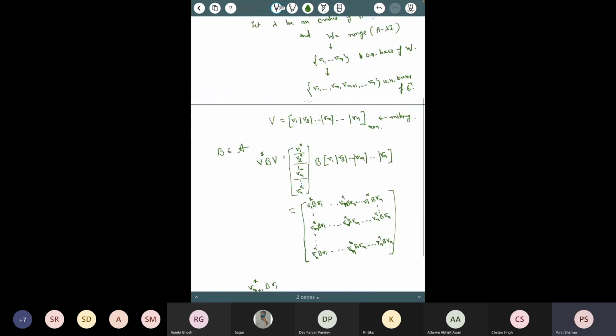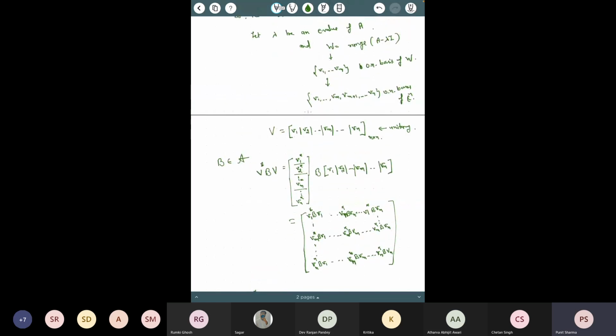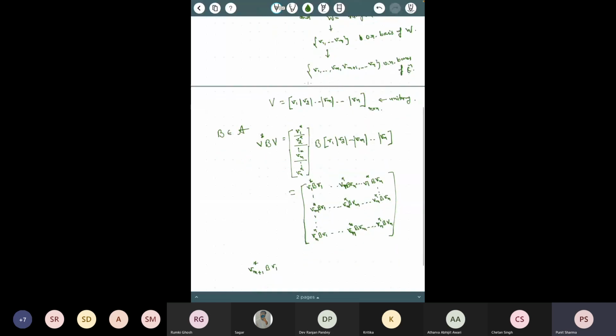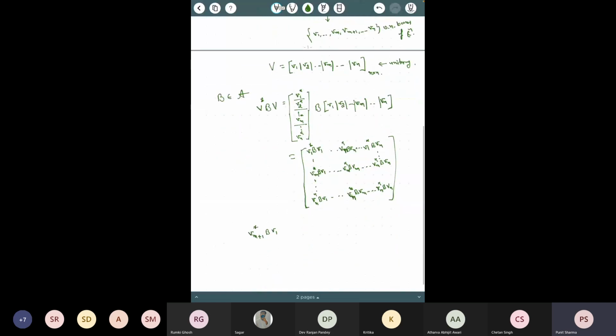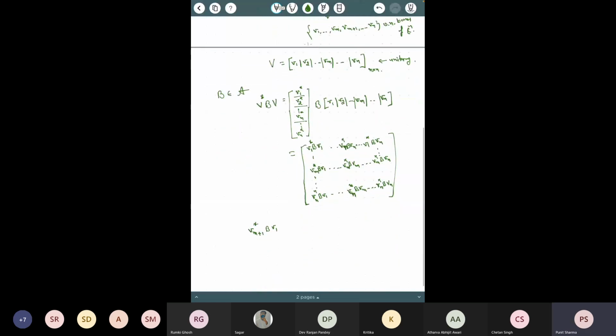Yes. But something like this, if you can use, we have not used, so in your argument you have not used the fact that these Vi's form a basis for the range space of A minus lambda I. So look at here, V1 to Vm, they form a basis for the range space of A minus lambda I, right?